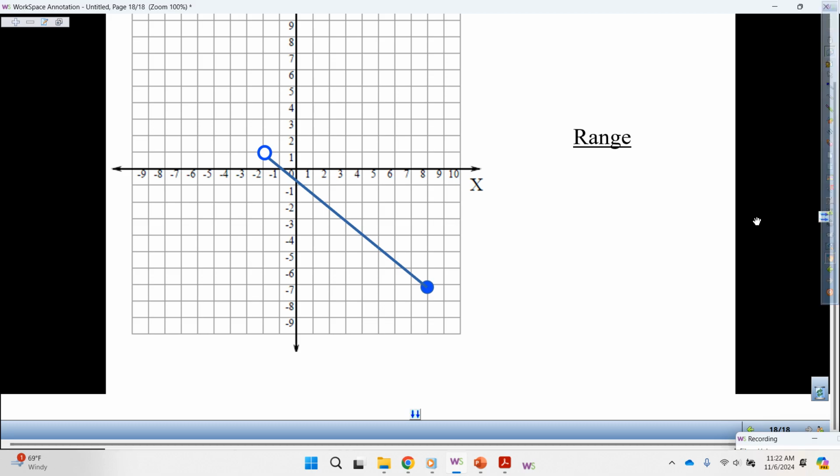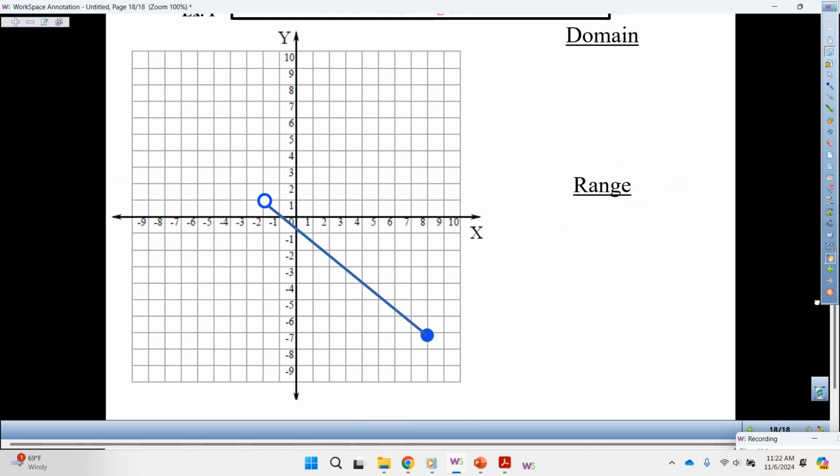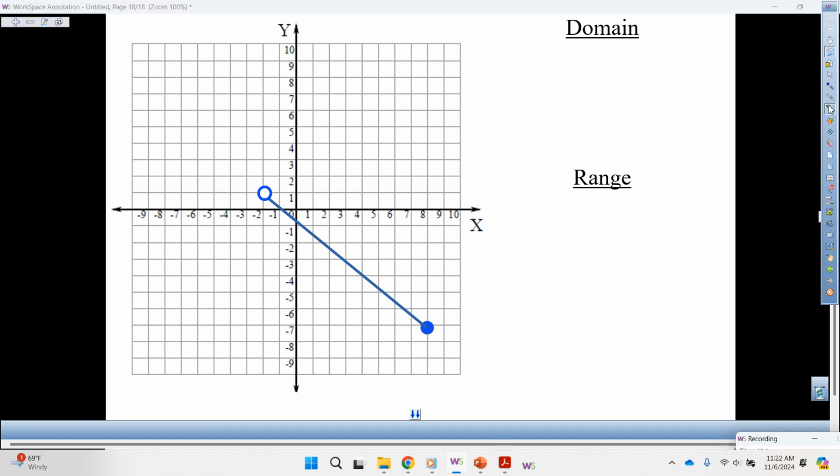All right? So, on your paper, if you have a highlighter, we're going to start with domain, people. Domain. I'm going to use the color red for that one, or pink.